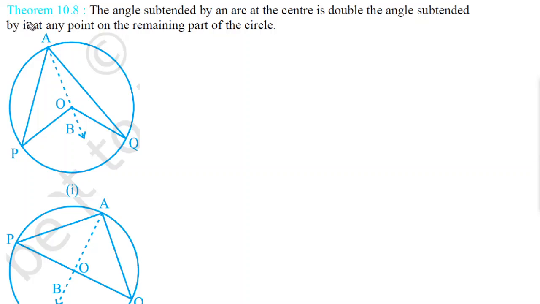So now we are going to discuss theorem 10.8. The angle subtended by an arc at the center is double the angle subtended by it at any point of the remaining part of the circle. So what we have to prove here? We have to prove here that there is a circle in which PQ, this is an arc, and it is subtending an angle at the center POQ, and the same arc is subtending another angle at point A, that is PAQ.